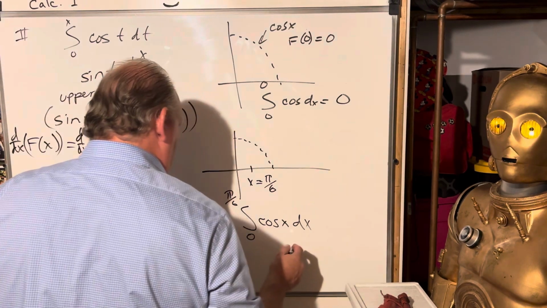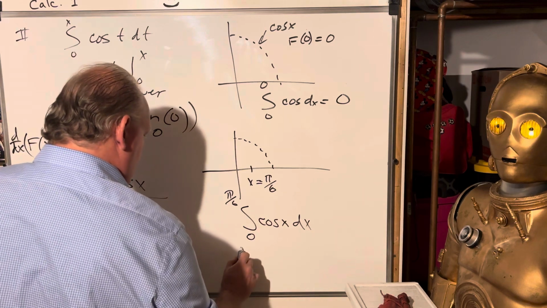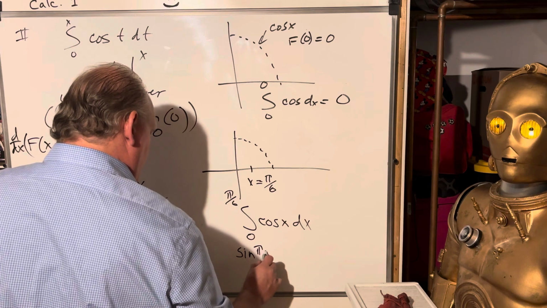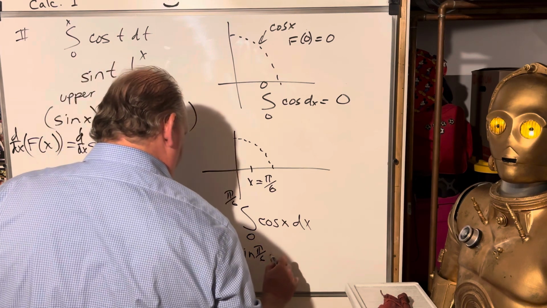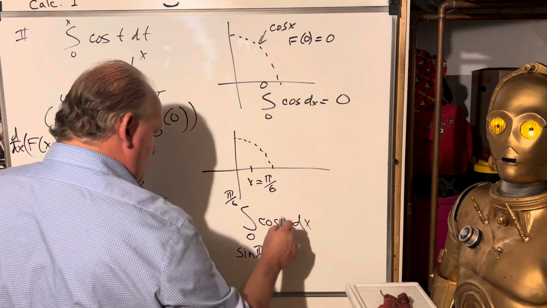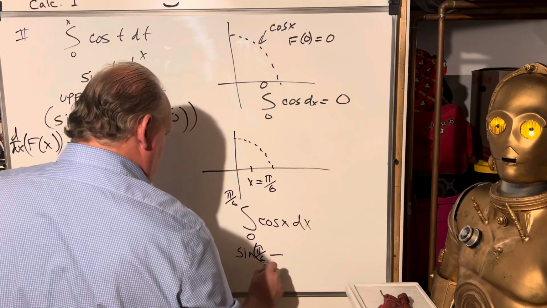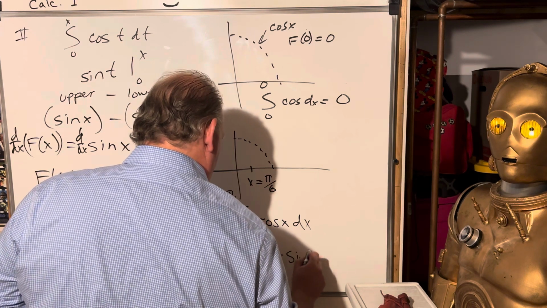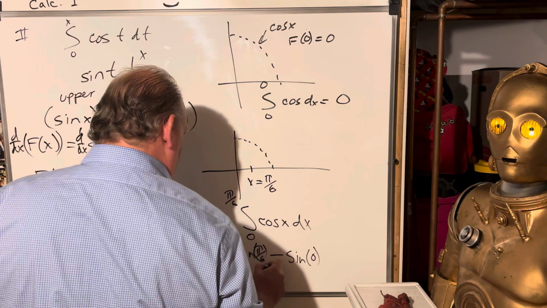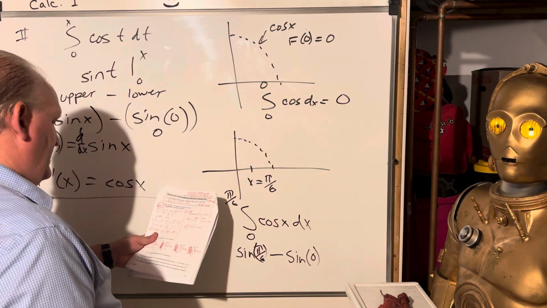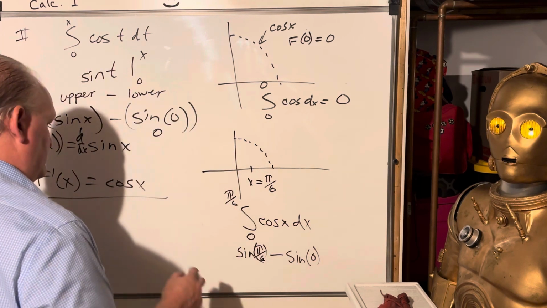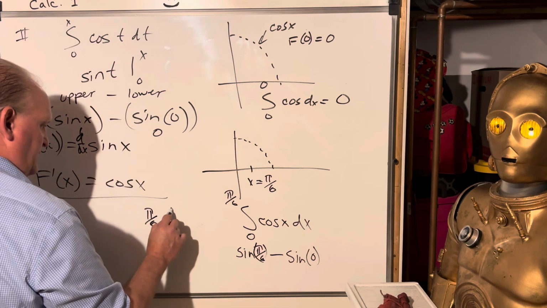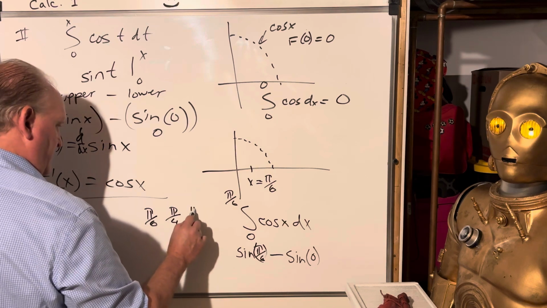Pi over 6. So we would do the sine of pi over 6 minus, that's upper minus lower. So I did the integral, and I'm just subbing it in too. And that's the sine of 0, which is 0. So we're looking at the sine of pi over 6, the sine of 30 degrees. Who remembers there? Remember pi over 6 and pi over 4 and pi over 3.